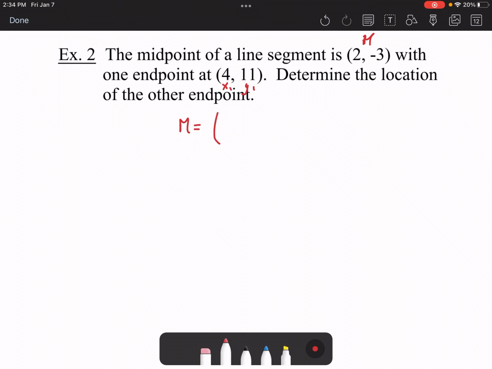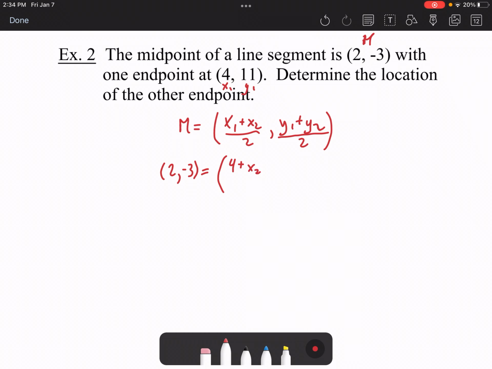Again, I'm going to start with my general formula and substitute what I know in. So 2 and negative 3 is equal to 4 plus, I don't know what x2 is, so I'm going to leave that. And again, I don't know y2, so I'm going to leave that.